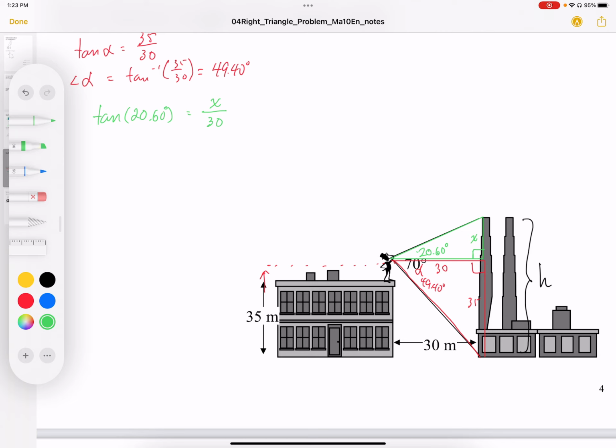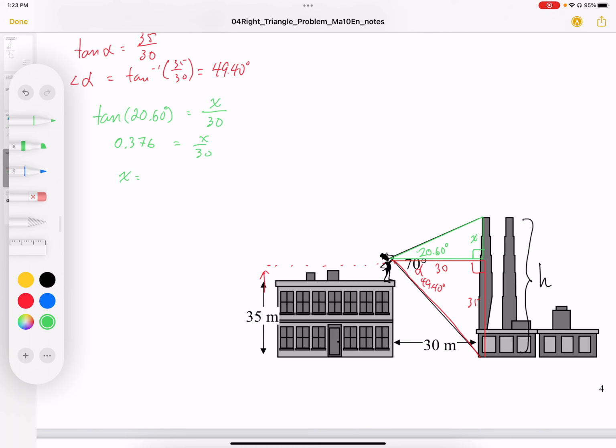So then solving this problem, we're going to do tan of 20.60. That gives us a value of 0.3758. So I'm going to round that to 0.3758 is equal to x over 30.